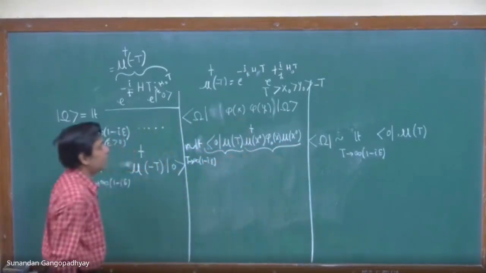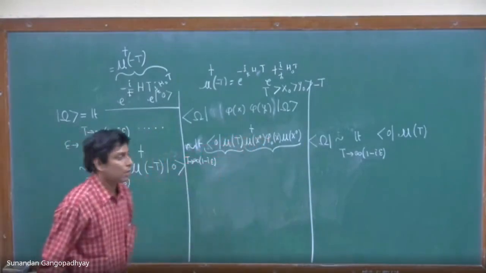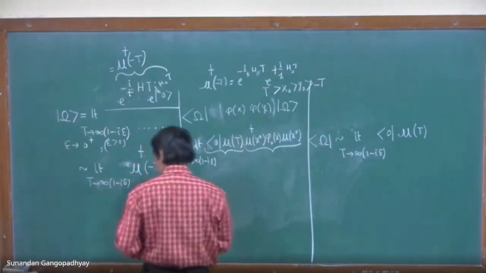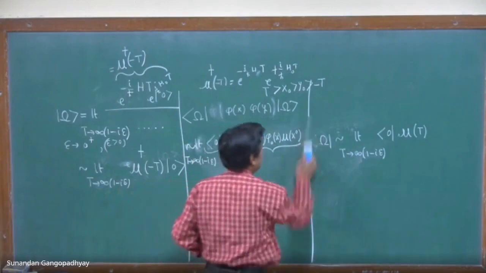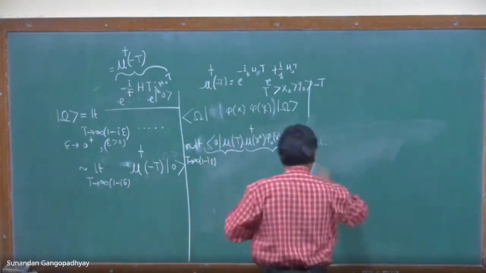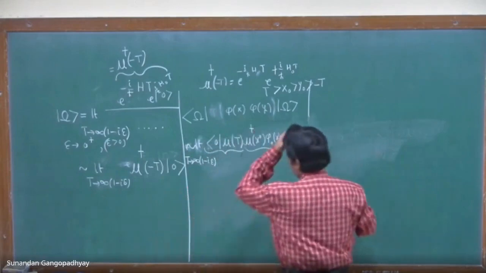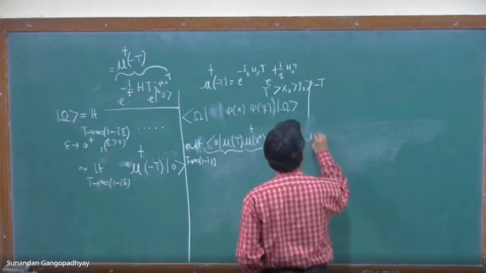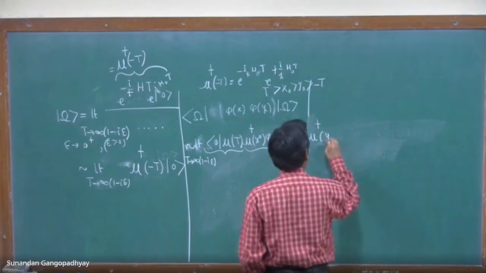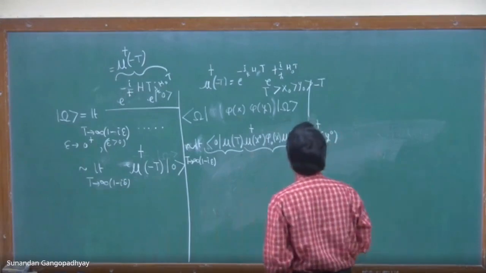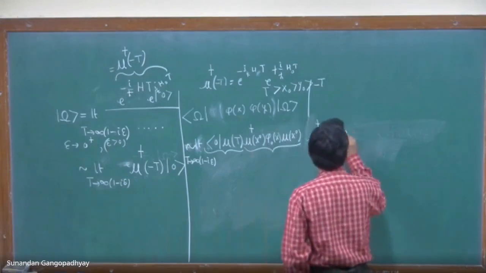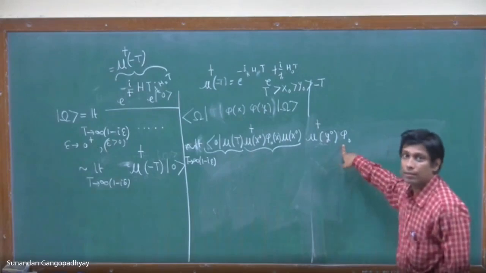Let us put phi y now. What will be phi y? Phi y will be U dagger of y naught, phi naught y, then U of y naught. This is the interacting field, the field in the interaction picture.